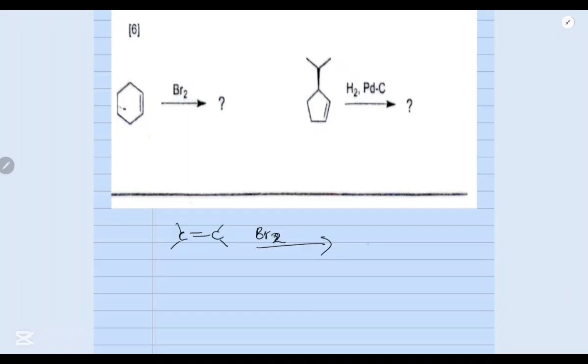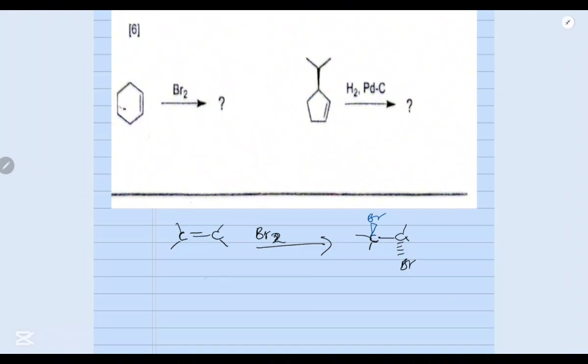Meaning one bromine will be added in here, and another bromine will be added opposite. This means the first bromine which is added here is on the wedge, and this one is behind, meaning these are opposite to each other.